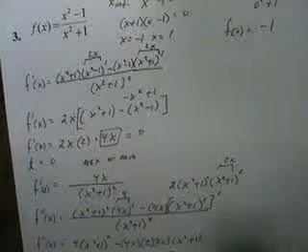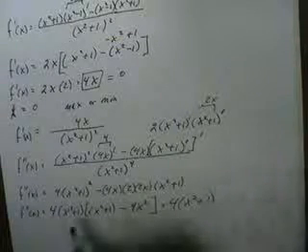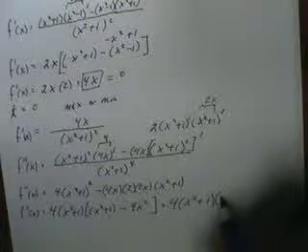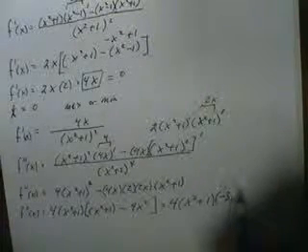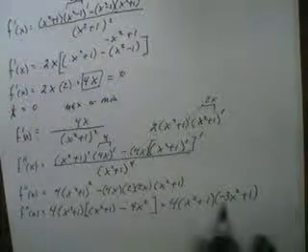Now these two can be combined, and we can get a 4x squared plus 4 here from that. And all this combines to become a negative 3x squared plus 1. All right, I'll pull that negative out.